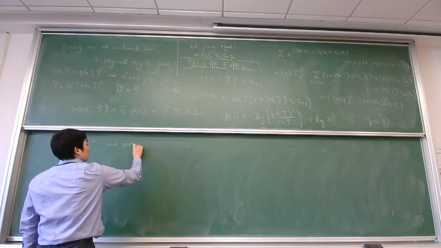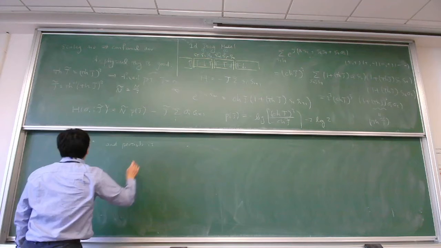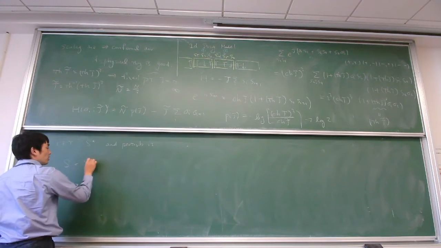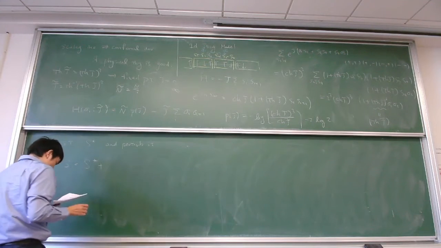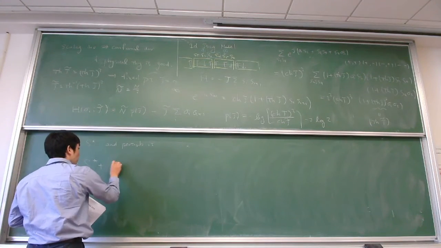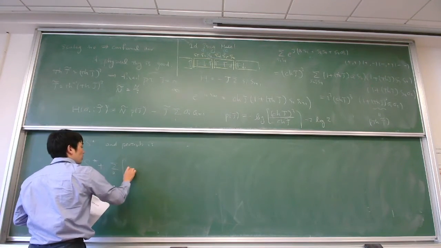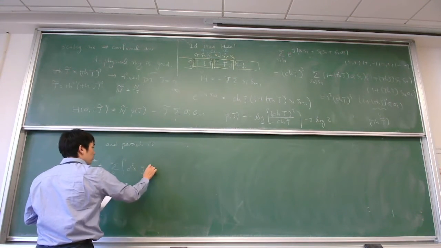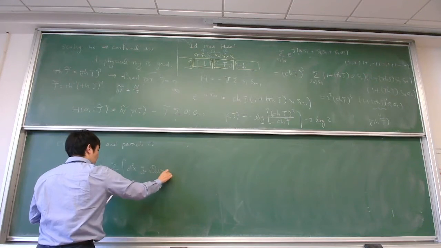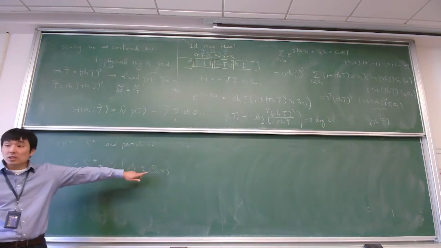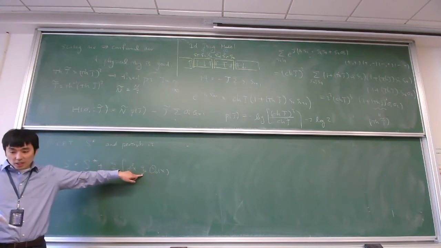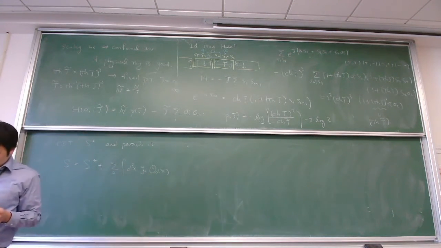Which means the action S perturbed is S star plus, and you just add an interaction term, A. This is some operator, whatever operator it is, and g is the coupling constant. So that's how you perturb.